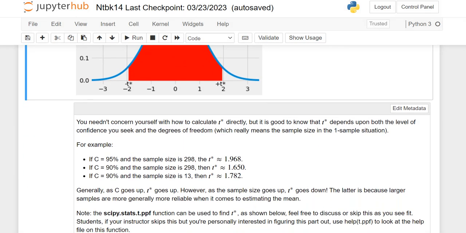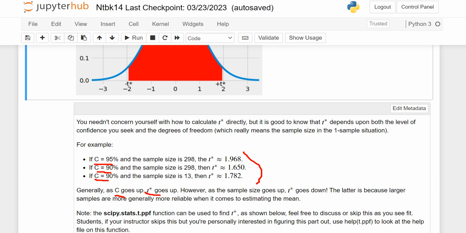Okay, that's lovely. They talk about some of the different confidence levels that we use and how that changes the T statistic, the T star statistic that we use. And here's the thing, as the confidence goes up, T star goes up.